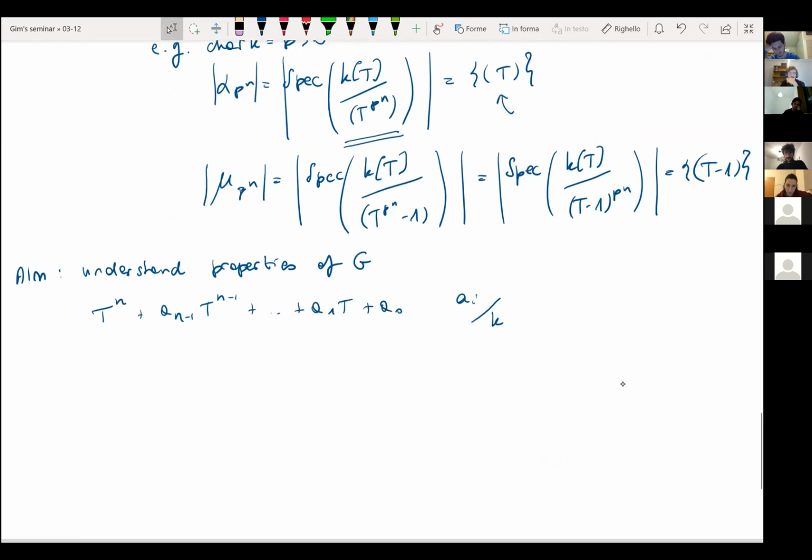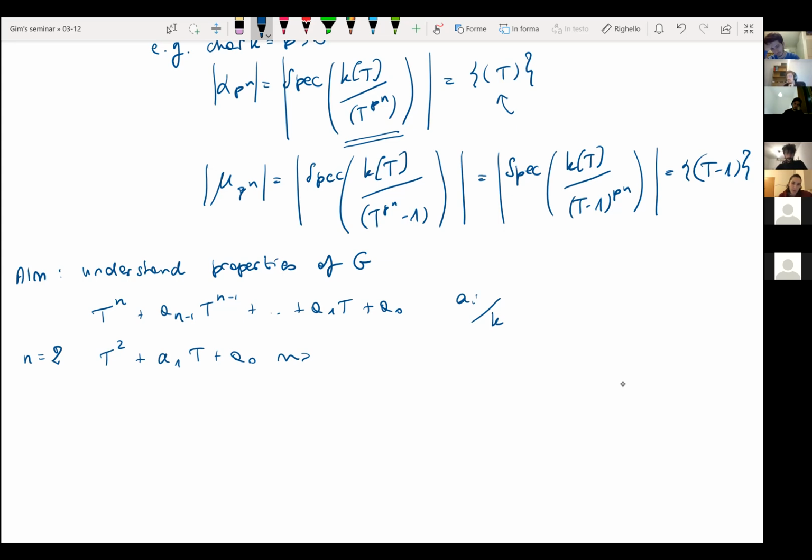I think all of us are familiar with the fact that if n is equal to 2, then a generic polynomial of degree 2, so of the form t^2 + a_1 t + a_0, may be reduced to depend on only one parameter.